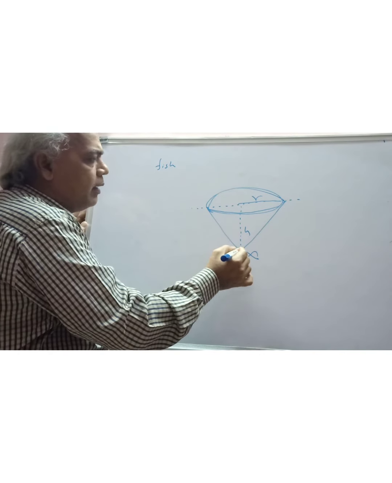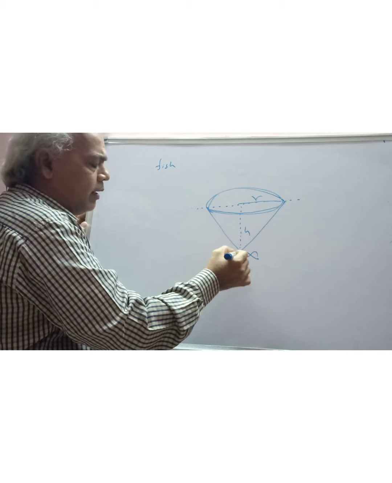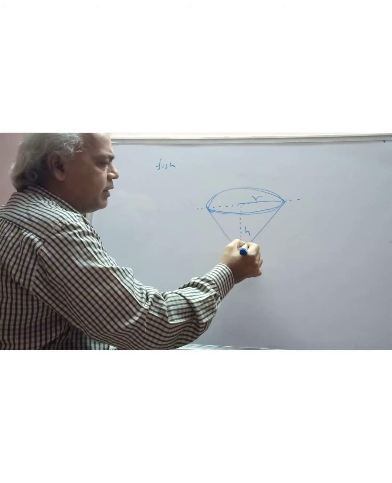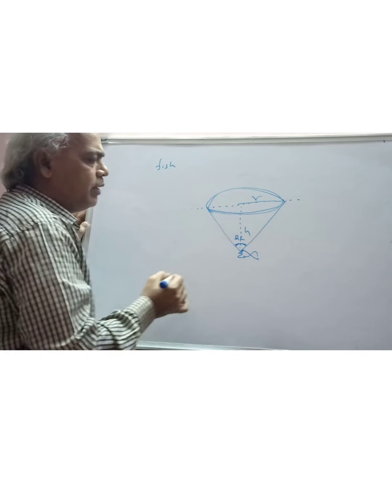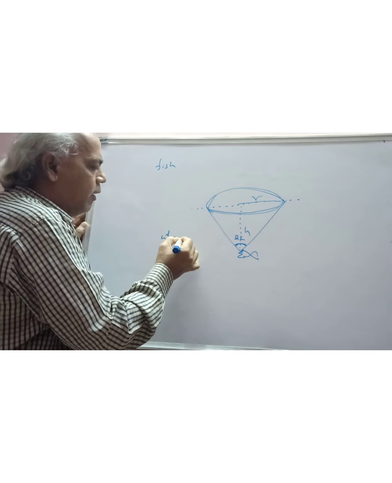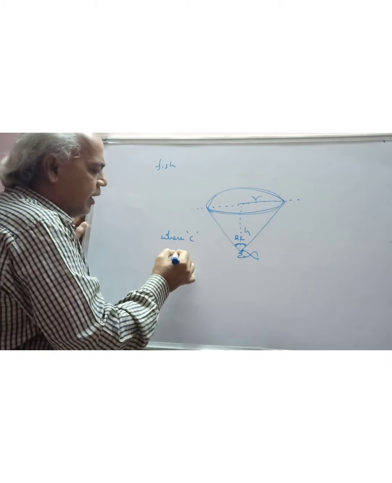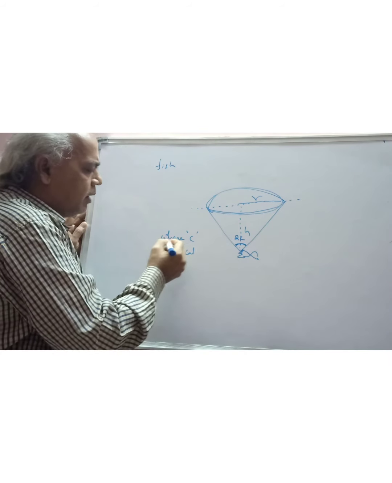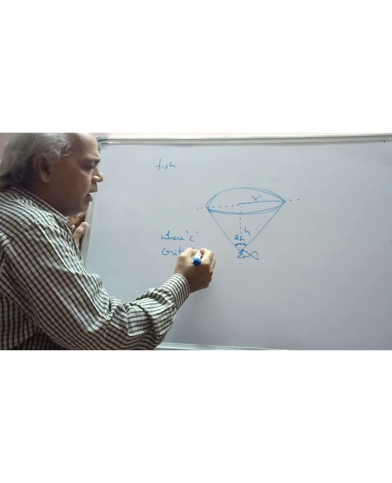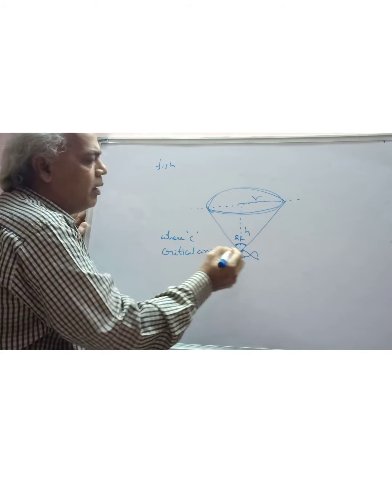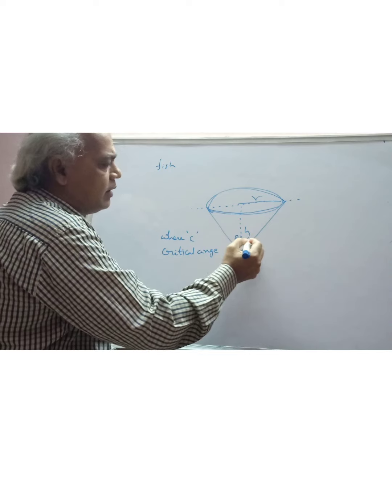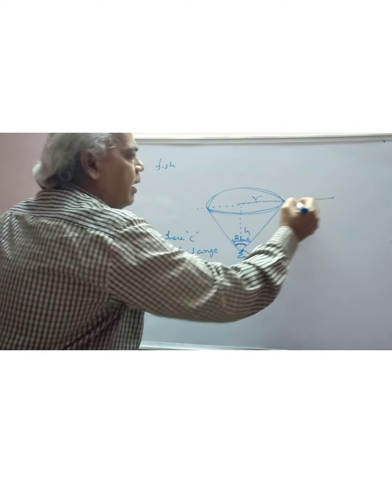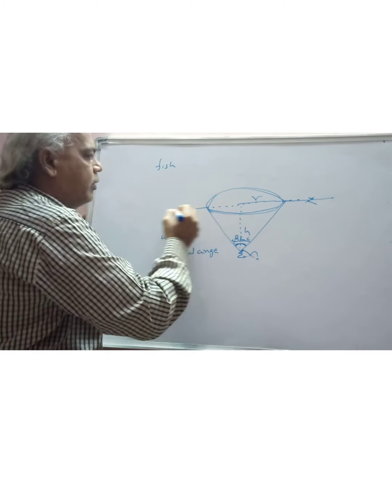Here, in this inverted cone, it is the vertex. This vertex angle is 2C, where C is the critical angle. It is also the critical angle C, and the ray of light comes like this.